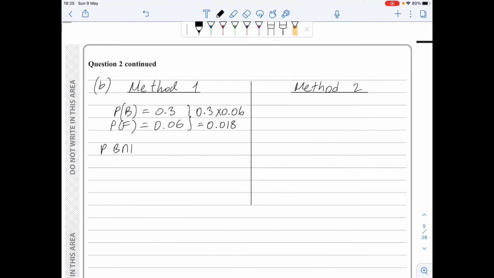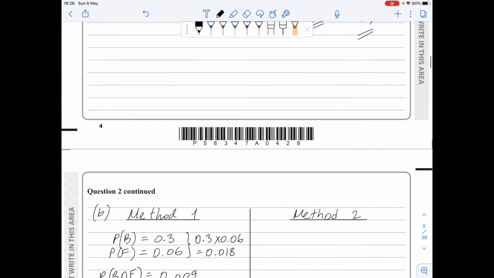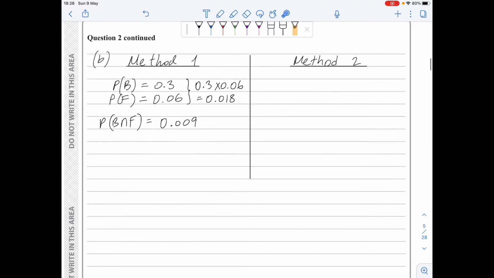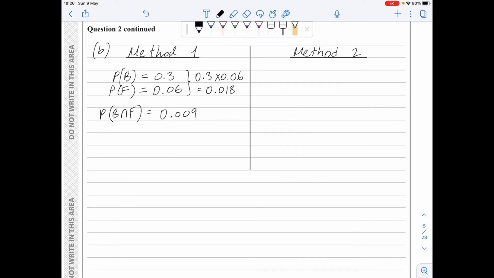Probability B intersection F is equal to 0.009. I know this from my tree diagram. So probability B intersection F is not equal to probability B times probability F.